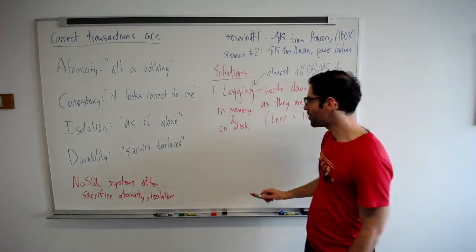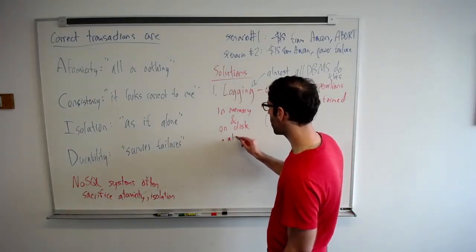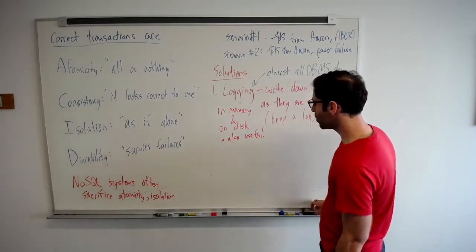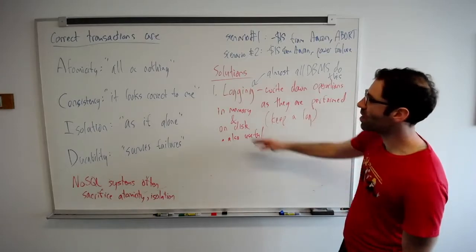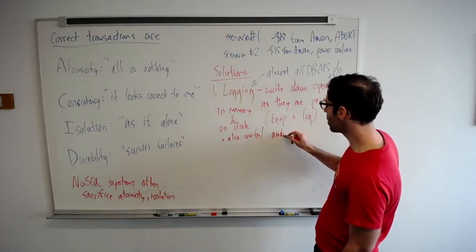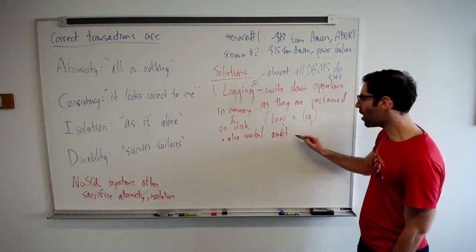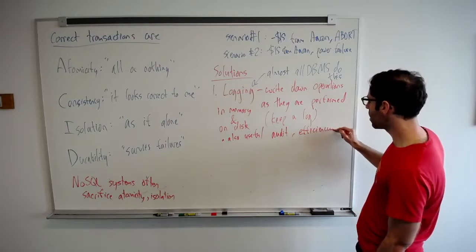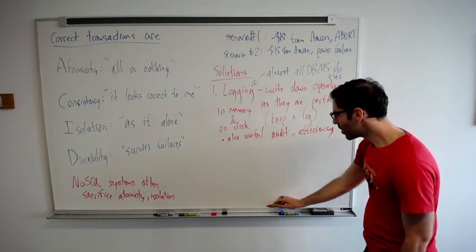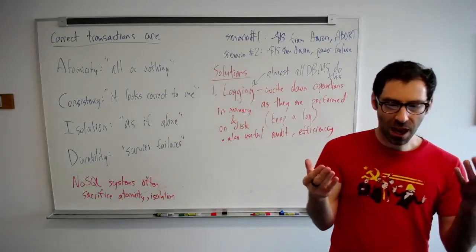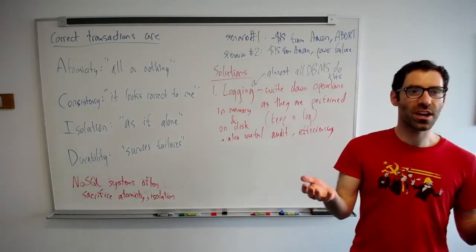It's useful for more than just atomicity. It's useful for auditing as well as efficiency. So banks, for example, want to keep a record of all the transactions that they've done.